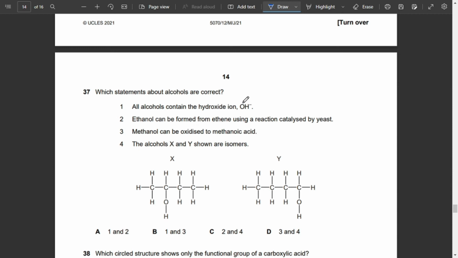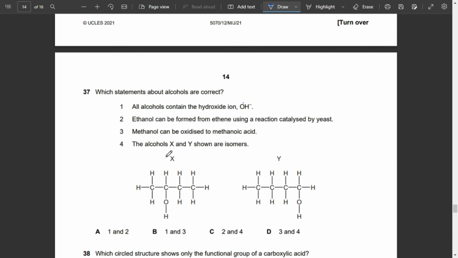If we look into this, the statements about alcohols, we need to go through all these statements and then we will figure out which one is correct. Ethanol can be formed from ethene using a reaction catalyzed by yeast. Methanol can be oxidized to form methanoic acid, and the alcohols X and Y shown are isomers.